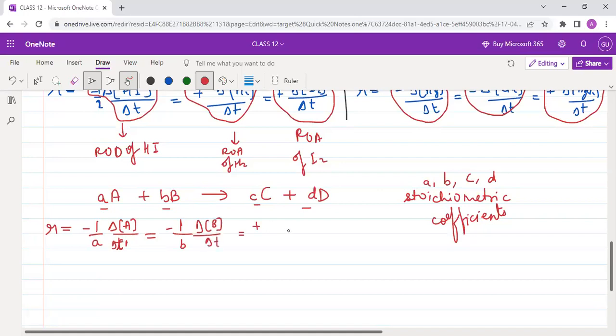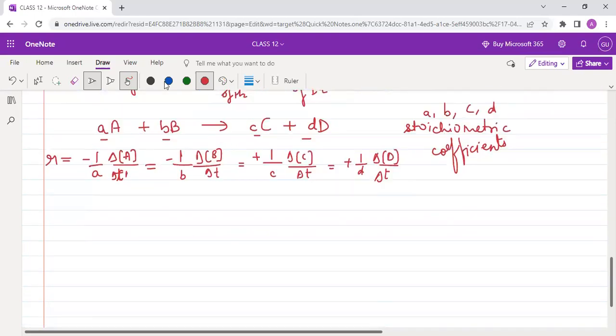So it will be plus 1 by c, delta C by delta T, and plus 1 by d, delta D by delta T. You just have to remember that the stoichiometric coefficients will go in the denominator. Is it okay? Yes, ma'am.